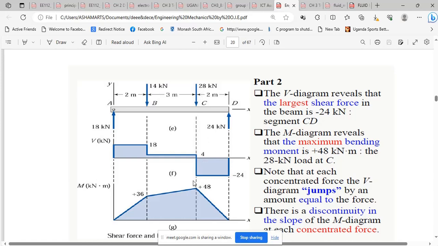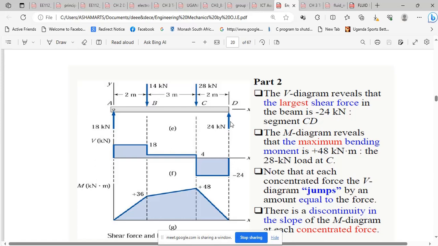This value is going to be negative 24, because below the 0 mark, the values are negative. If I'm falling by 28, and I already have a 4, I need to fall by 24. Automatically it is going to be negative 24.